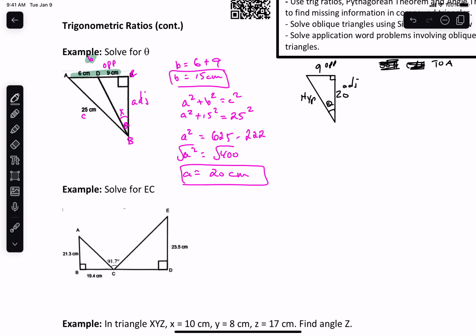That leaves me with tangent, because tangent's the one that doesn't involve using the hypotenuse, right? So I'm going to go the tan of theta is going to equal opposite over adjacent, which is 9 over 20.